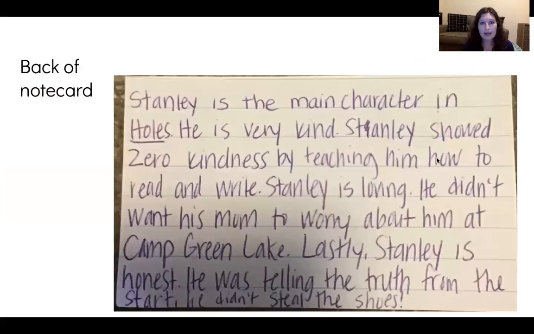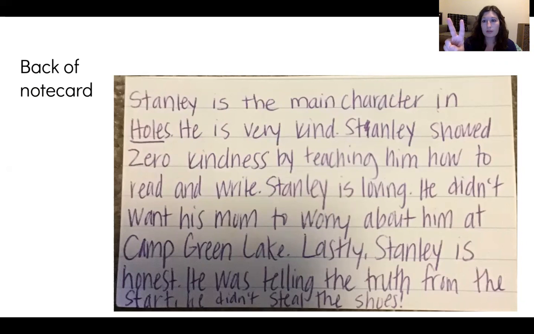And then on the back, I wrote a description about Stanley and provided 3 character traits to describe him. Stanley is the main character in Holes. He is very kind. That's character trait number 1. I back it up with evidence. Stanley showed kindness by teaching Zero how to read and write. Stanley is loving.